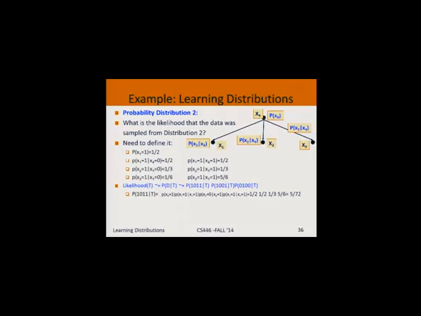Because it's a tree, and this is the structure of the tree, it's the probability of x4 being whatever it is, times P of x1 given x4, times P of x2 given x4, times P of x3 given x4, with the appropriate instantiations.